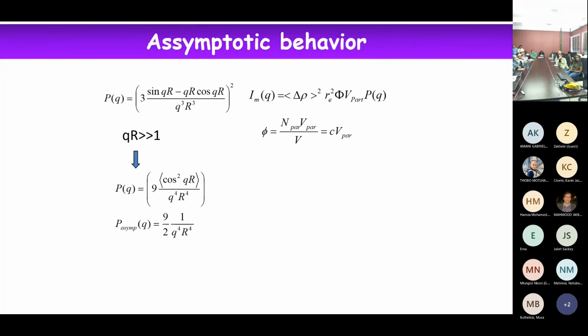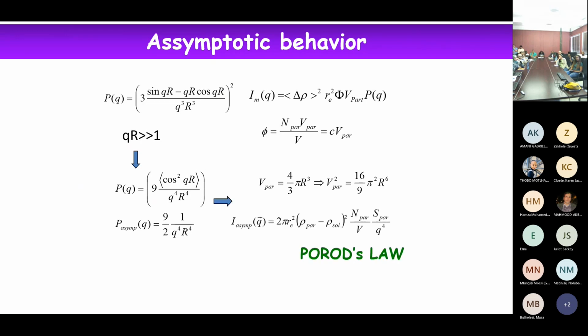If you try to calculate what's going on in this case, you find that if you are in a regime where QR is very big compared to 1, you end up with an asymptotic behavior for the scattering, and typically the asymptotic behavior is 1 over q to the fourth.